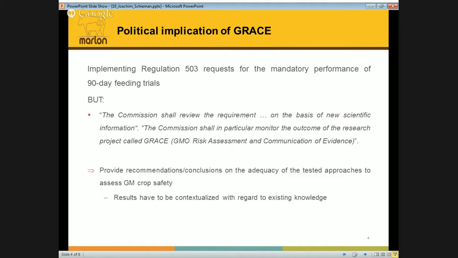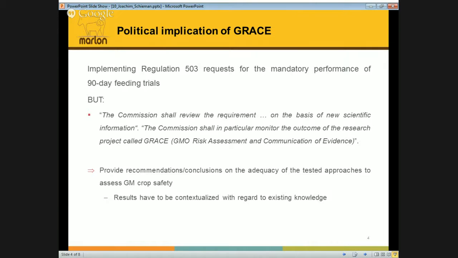But as it is also stated in the implementing regulation, the Commission shall review the requirement of these 90-day feeding trials on the basis of new scientific information, and the Commission shall in particular monitor the outcome of the research project called GRACE. And then latest in June next year, the Commission shall provide a report about that review process.